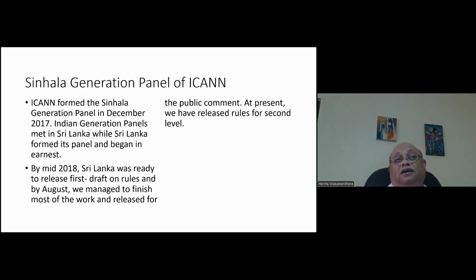Variants are that you can have words or labels on the internet which look very similar, because even within our script you can have letters like, for instance in Sinhala, the Sanjaka.